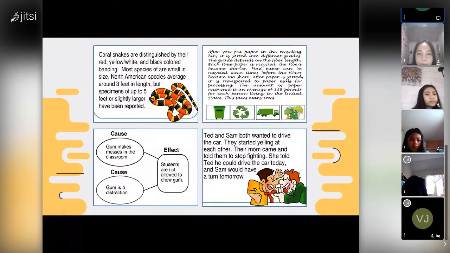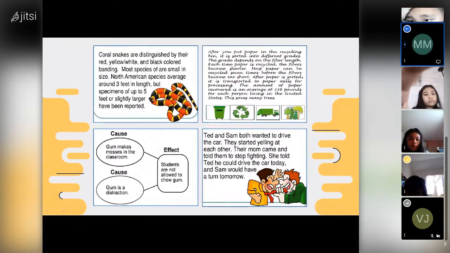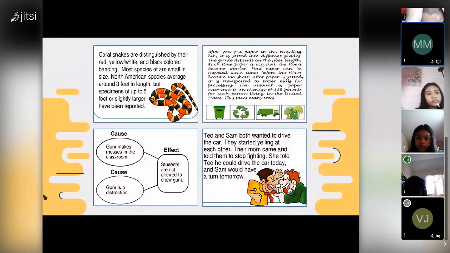How about the second picture? I want to hear the answer of Jack. Jack, how is the information in the second picture organized? By throwing the trash, miss, they're talking about the recycle, the non-biodegradable, miss.